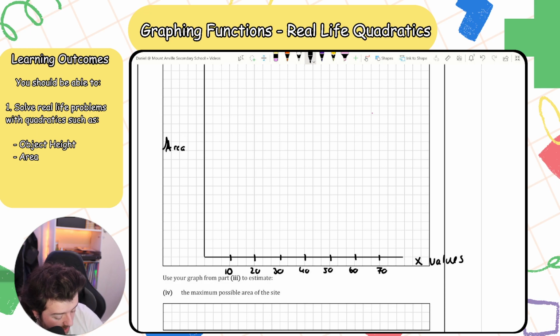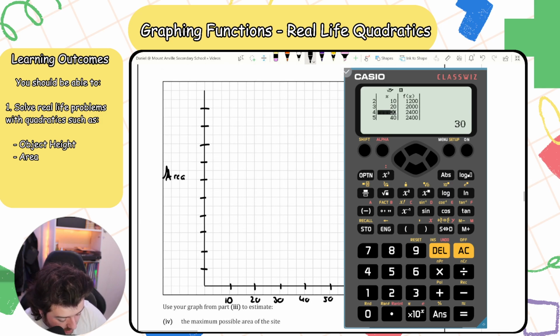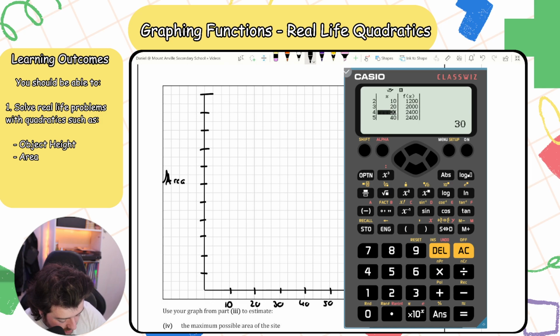Then the area. My maximum, if we go back to my calculator here, is 2,400. So I might just go up in 200s maybe. 1, 2, 3, 4, 5, 6, 7, 8, 9, 10, 11. Rats.